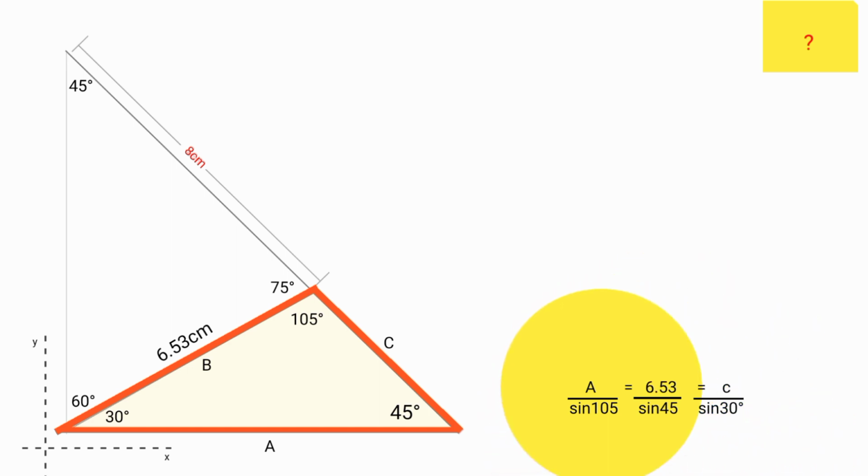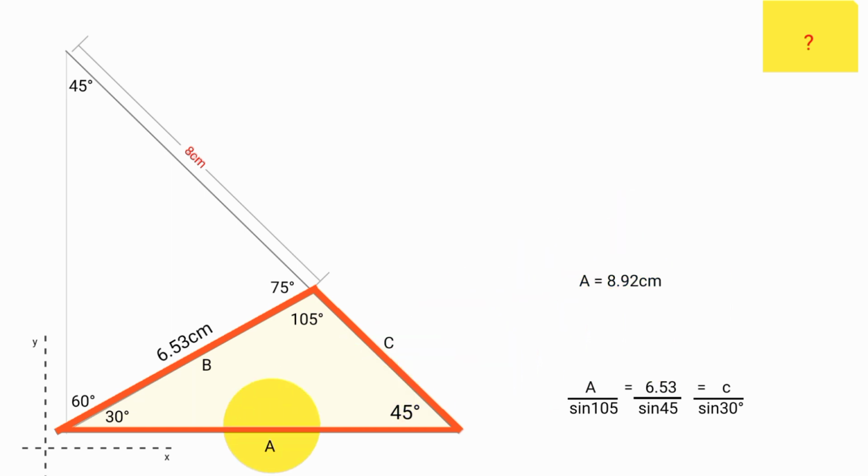Now taking only this part, A over sine 105 equals 6.53 over sine 45 degrees. Making A the subject, A equals 6.53 over sine 45 all multiplied by sine 105, which if we press our calculator equals 8.92 approximately. So A equals 8.92 centimeters.